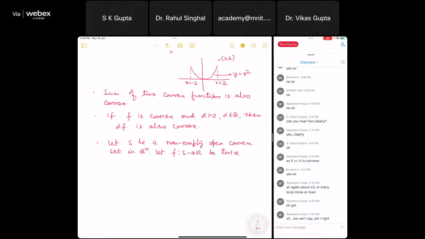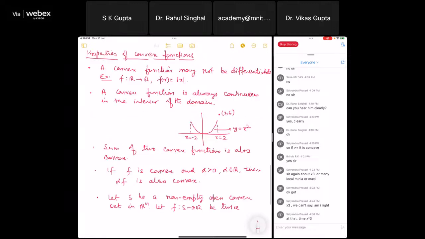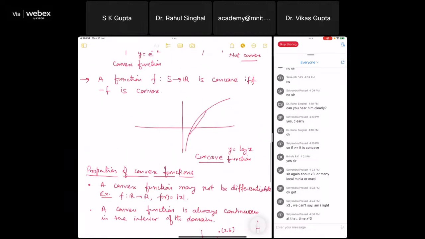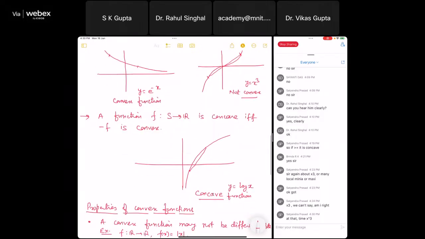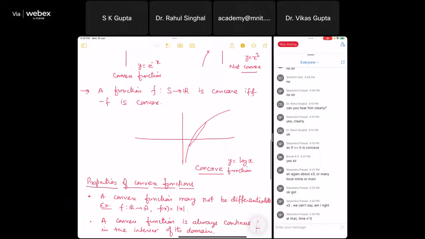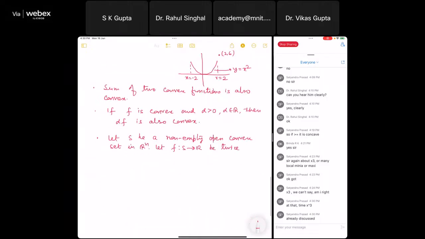Okay. Oh, X cube, you want to say. Yeah. X cube I already explained, right? Satinder, X cube is neither convex nor concave. It is neither convex nor concave, right? Okay, okay. Okay, thank you.